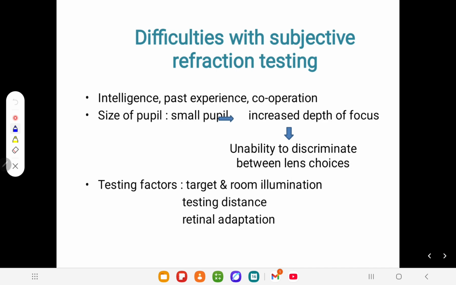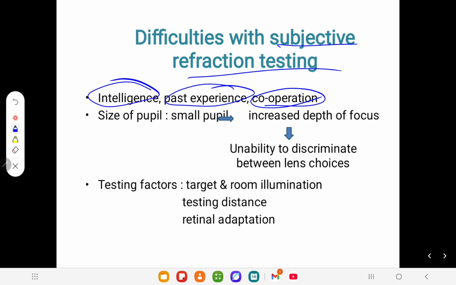Difficulties with subjective refraction testing: it's very important that the patient cooperates. Past experience is important. Definitely the patient should be intelligent and give good subjective responses to the examiner, to the optometrist. Another important thing is the size of the pupil.